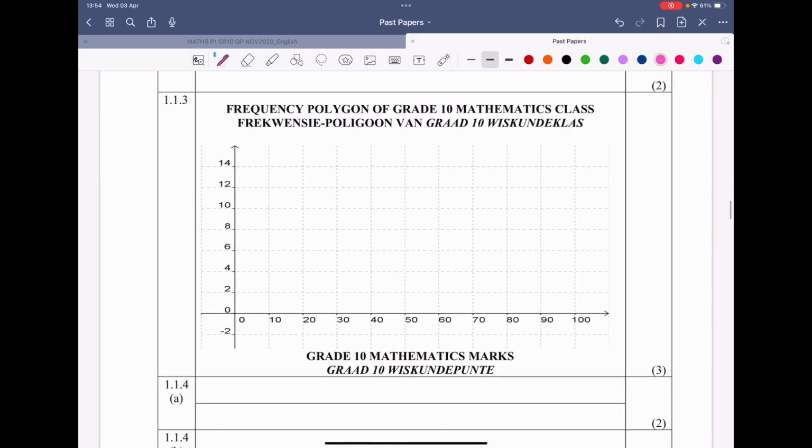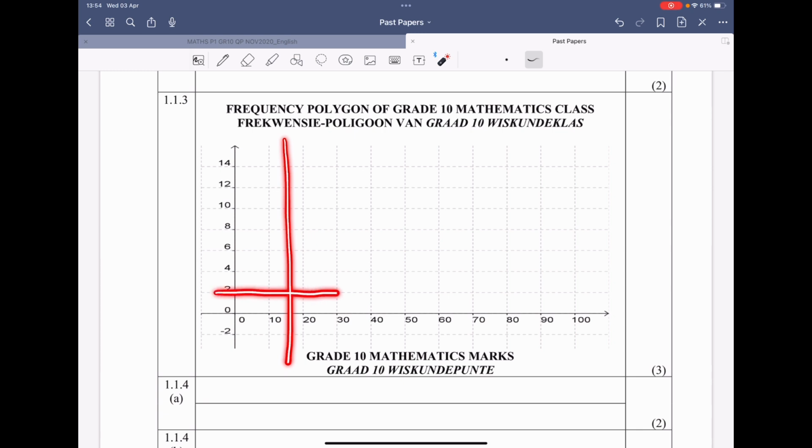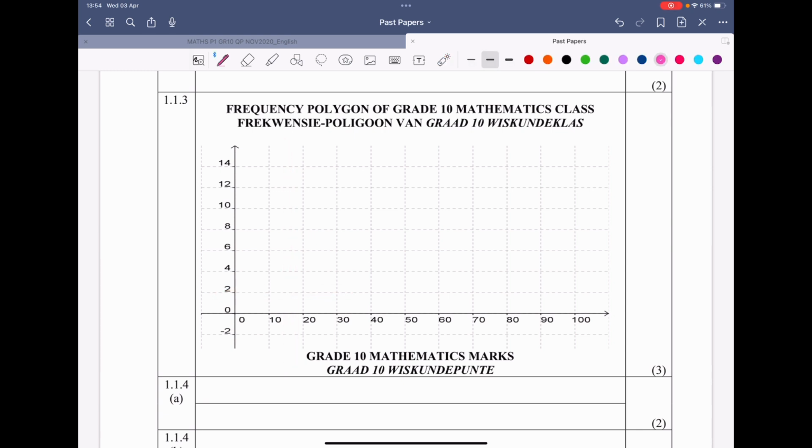For the first one, my midpoint was 15. So I'm going to have the y value somewhere here. And then the frequency was 2. So this is the 15 and this is the 2. I'm going to plot the point here. And then I just continue for the rest. The next one is going to be 3 and 35. And 11 and 45.